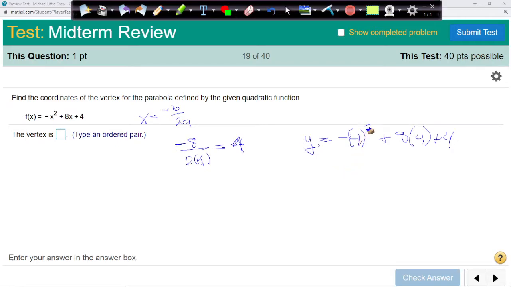So that's negative 16. This is 32 plus 4, that's 36. And then you subtract off 16, that gets you to 20. So it's going to be (4, 20). That's how we do that one.